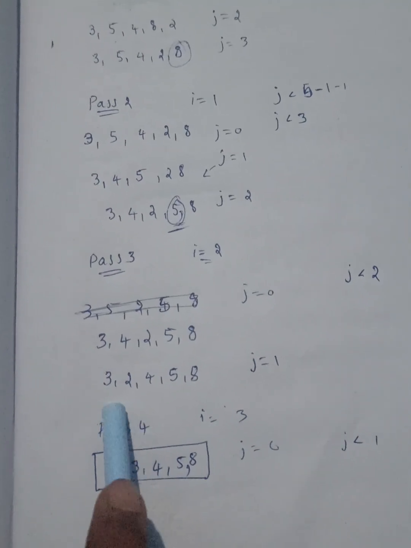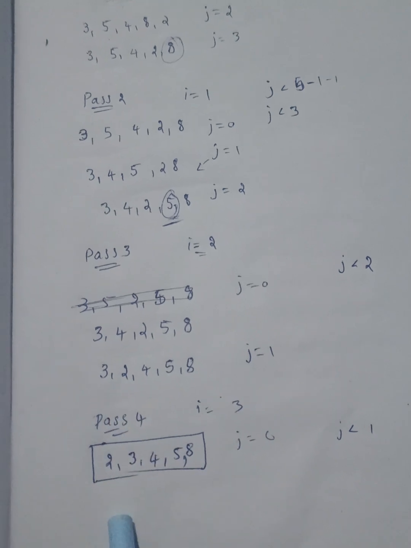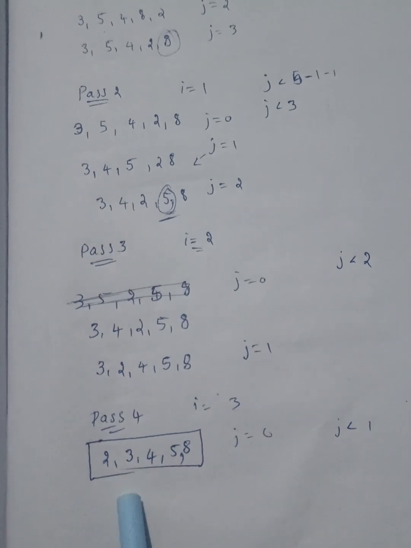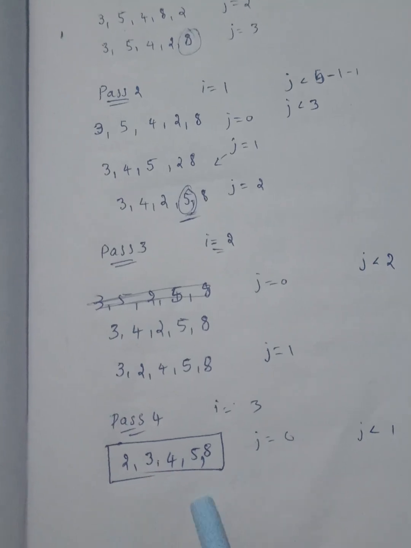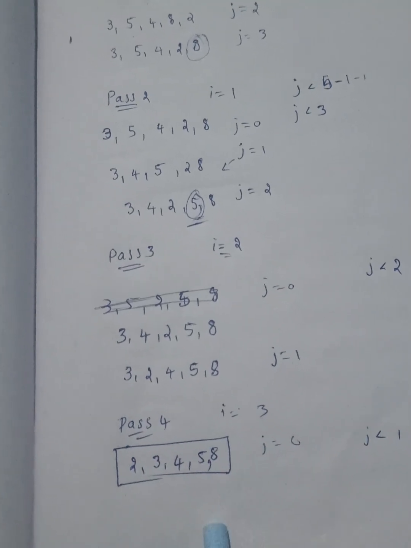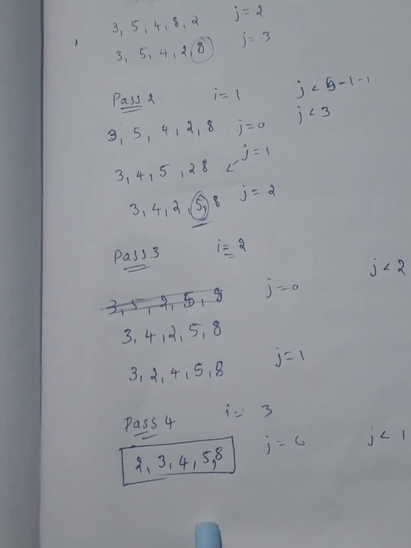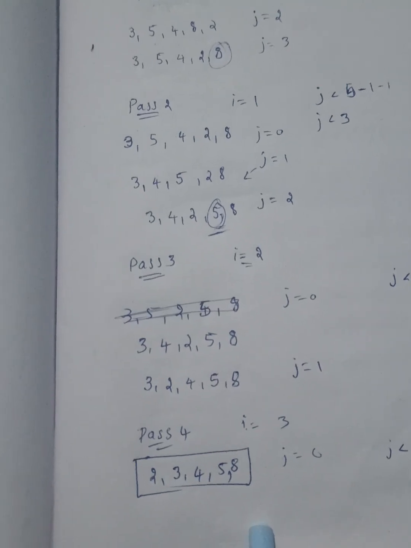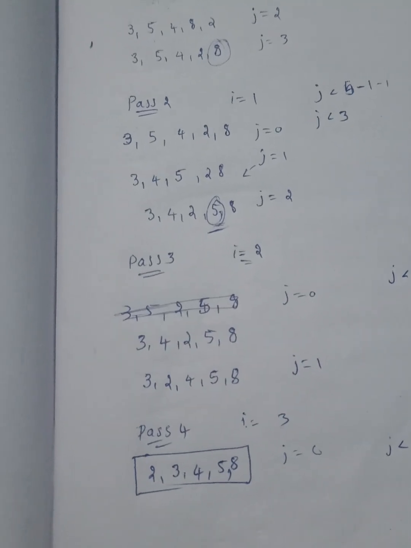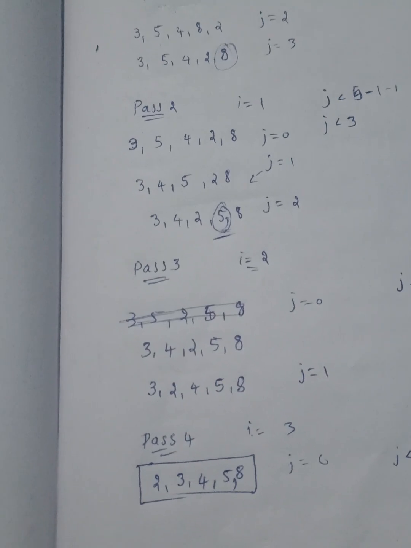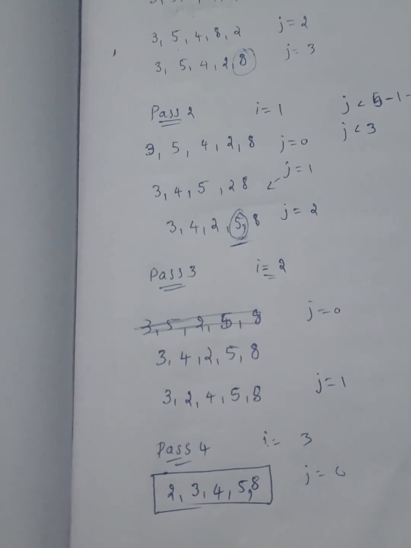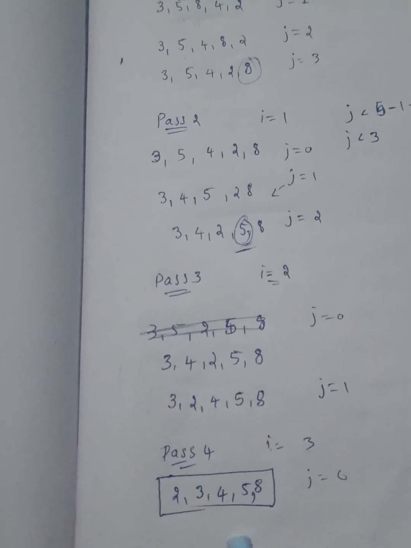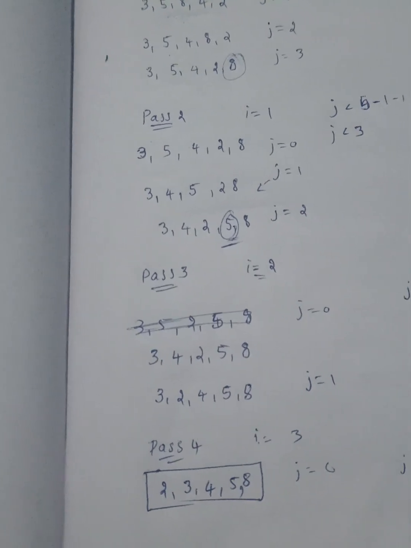We check this, which is in wrong order, and we will get 2 3 4 5 8. After 4 passes we got sorted elements. As we discussed, we get n minus 1 passes, n minus 1 iterations. So we got our sorted list here.